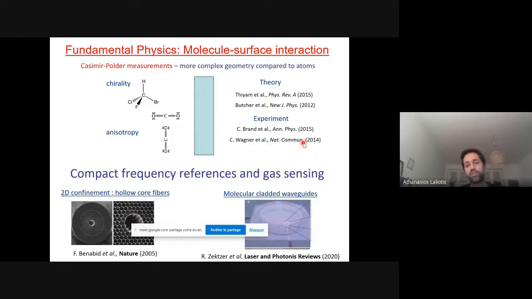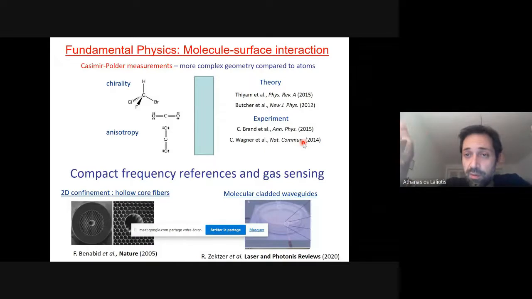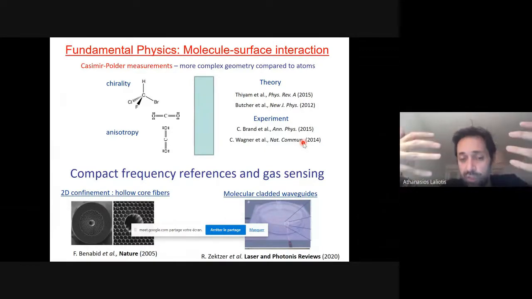Another interesting thing with molecules is that they have a lot of low vibrational transitions scattered throughout the electromagnetic spectrum. It's almost like a frequency comb, if you want. And you can actually use these transitions to make frequency references.